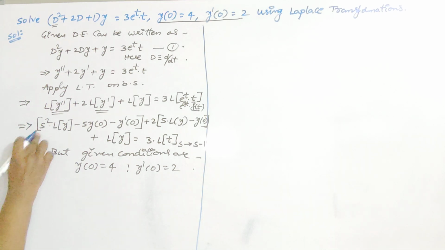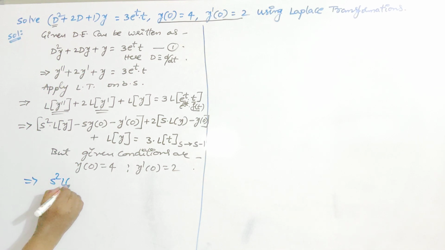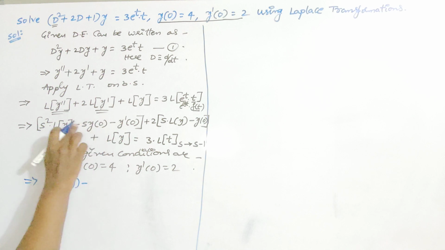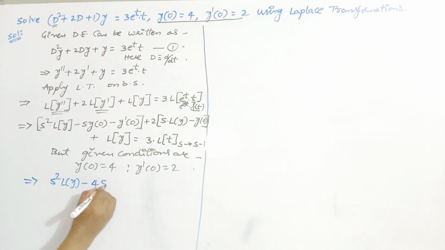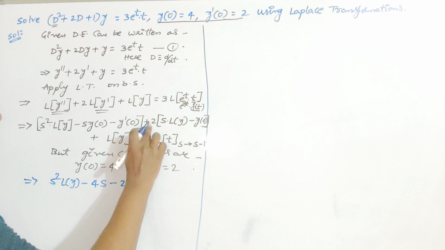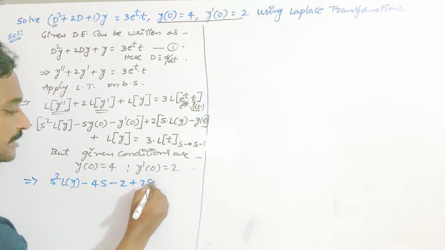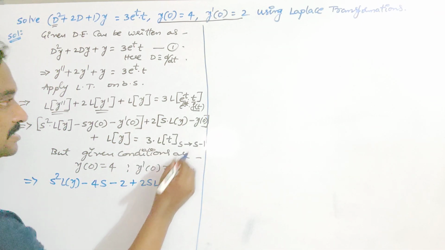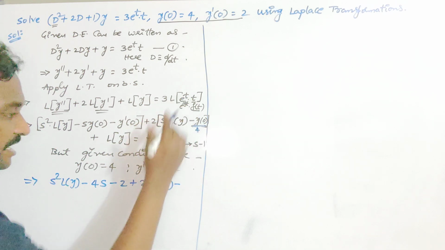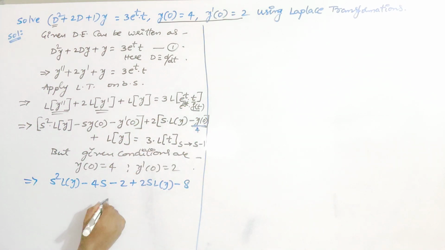So, the above step becomes s square into L of y minus, what is y of 0? 4. s into 4 can be written as 4s. Do not write s into 4. It is not our mathematics language. What is y dash of 0? It would be 2, minus 2, plus, take this 2 inside, 2s into L of y minus, again here we have y of 0, but y of 0 is 4, 2 fours are 8, plus L of y is equal to.